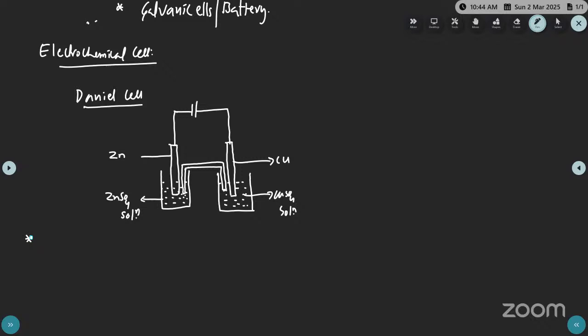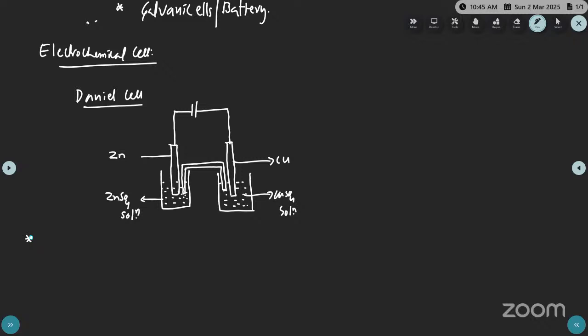How can you say that zinc acts as anode and copper acts as cathode? If you know the structure, then you easily say that the left side electrode is anode and the right side electrode is cathode. Otherwise, if you don't know the structure of the particular cell, how can you say which metal acts as anode and which as cathode?